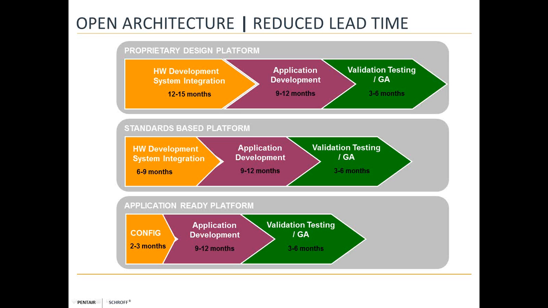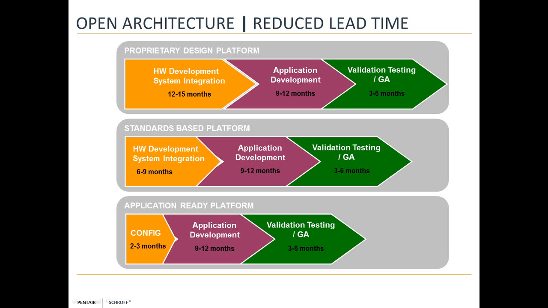By using standards-based platforms, you can reduce your product's initial development time in half by simply working from pre-validated solutions. Taking it a step further, you can work with our partners within our standards ecosystem to reduce your early product development time down to 2 to 3 months by using their application-ready platforms. So by using all these pre-validated and readily available solutions to build your system application, you can greatly reduce the risk to the evaluation and testing phase.